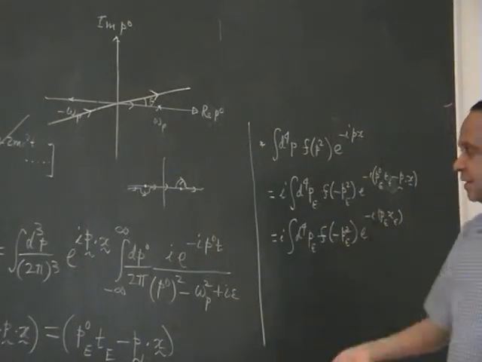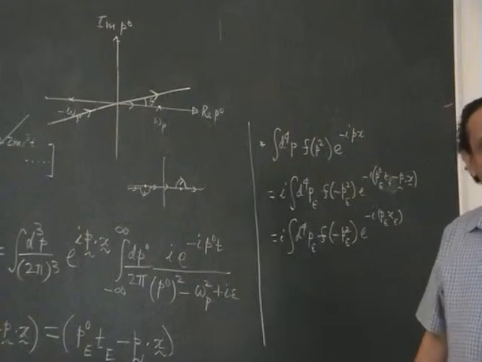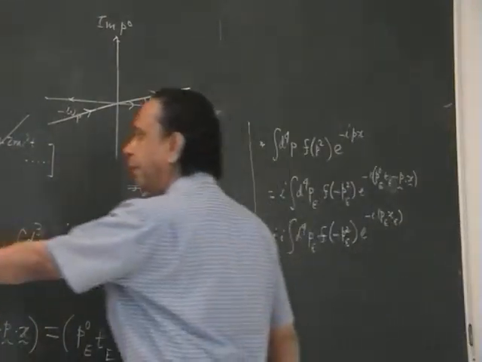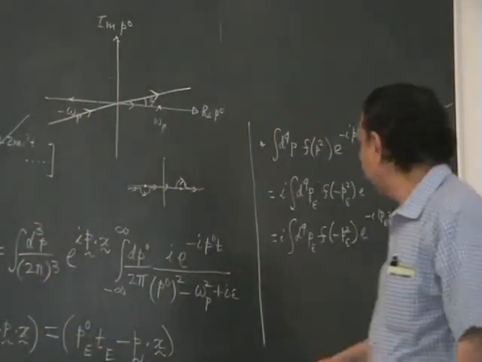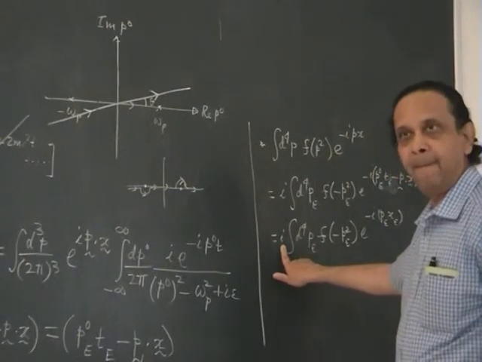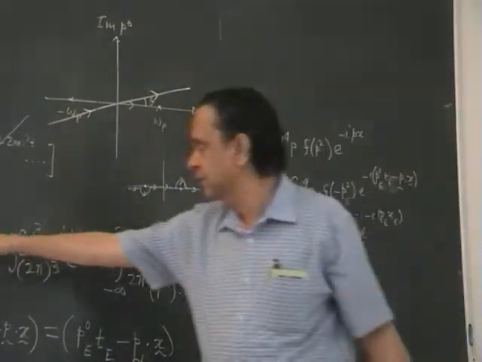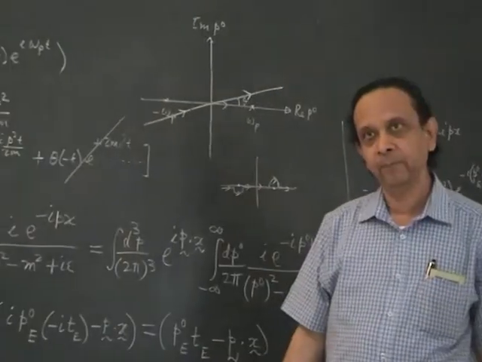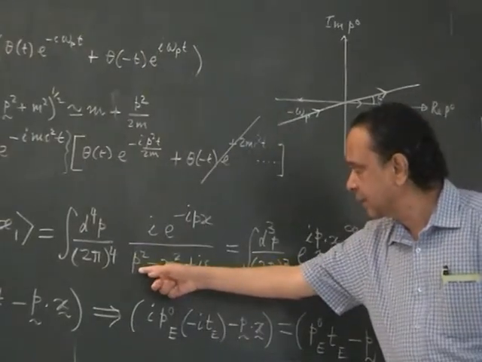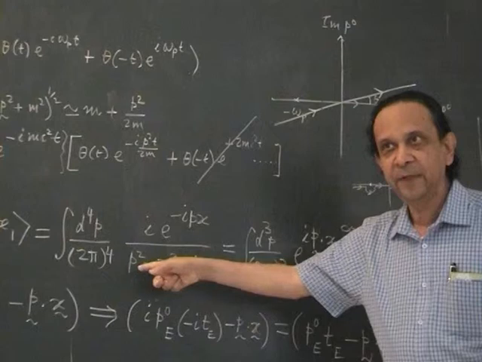Okay. So just as an example, what happens to this integral here, which we have? You pick up an i, and that i multiplies this i and gives you a minus sign. Then here this becomes minus p e square.